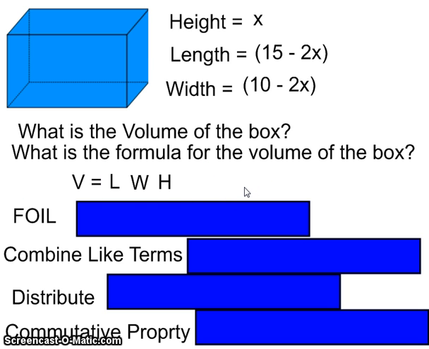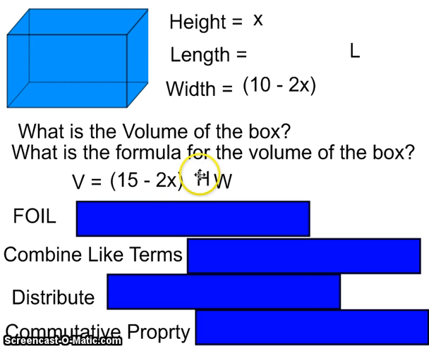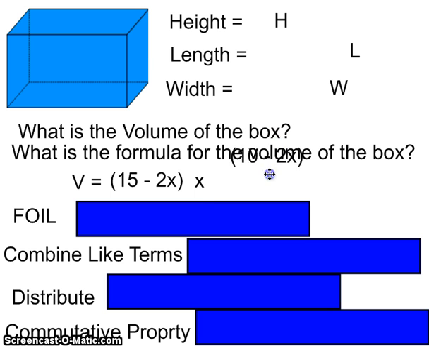All right, so if we know that the length is 15 minus 2x, oops, I think we're going to have to make some more room. The length is 15 minus 2x. The height is x. And the width is 10 minus 2x.